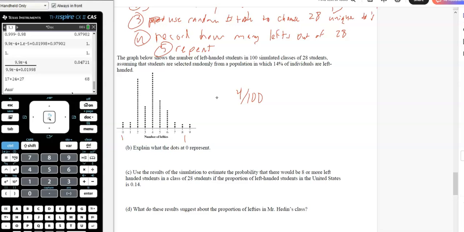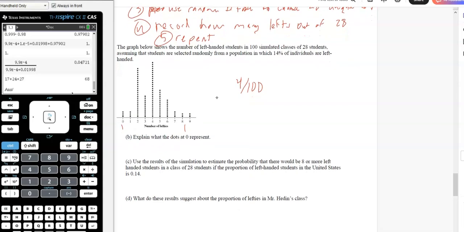That means in one trial of the simulation, 0 of the 28 students picked randomly were left-handed. Estimate that there would be 8 or more students left-handed in a class of 28 students. So there's a 4% chance, from the results of the simulation.